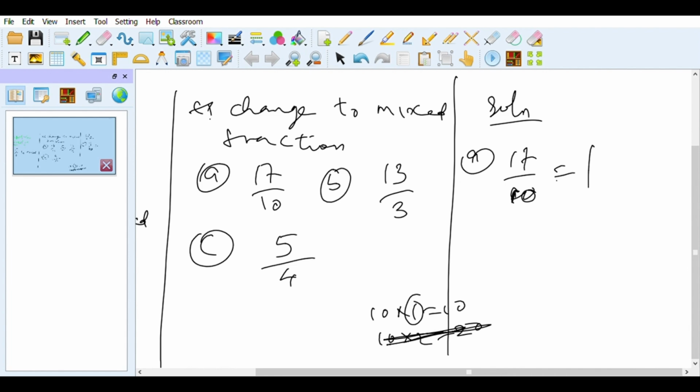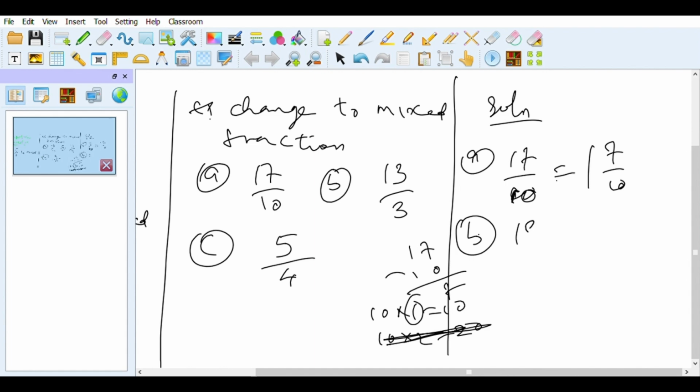But 10 times 1 is not 17. 10 times 1 is 10, but what we needed was 17. Subtracting, we have a remainder of 7. So if 10 people share 17 things, they will get 1 each, and there will be a remainder of 7. So that 7 is the numerator over 10.